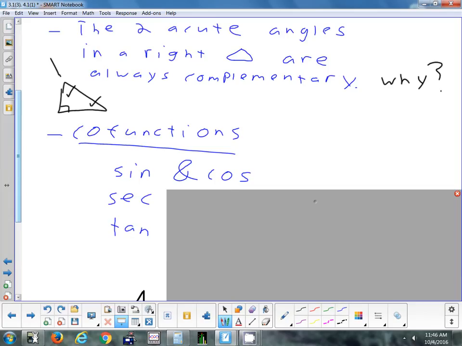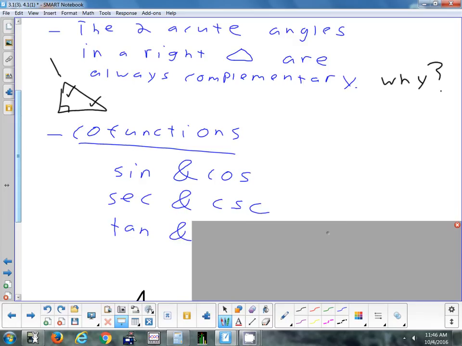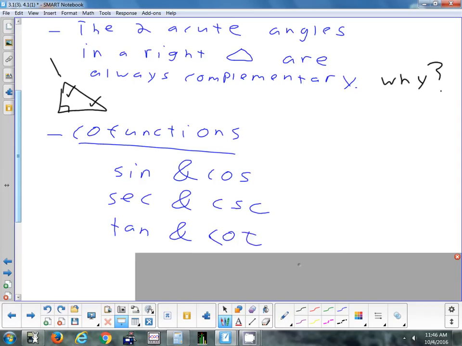What function would be paired up with secant? Cosecant. Secant, cosecant, those are called cofunctions. And lastly, what function would I pair up with tangent? Cotangent. That's actually the same pairing we did before. It's the only one that is the same. So these are your cofunctions, those 3 pairs.